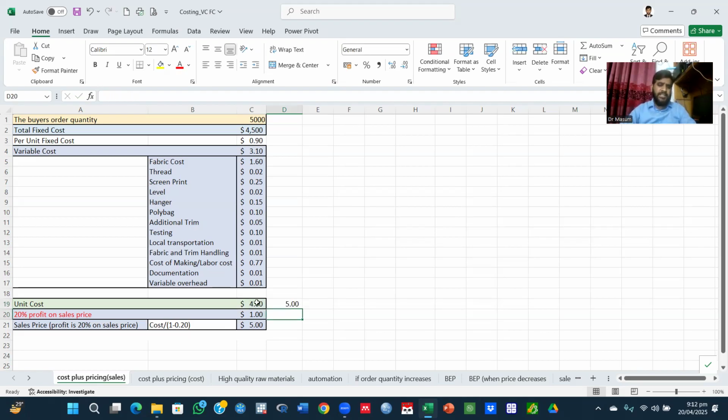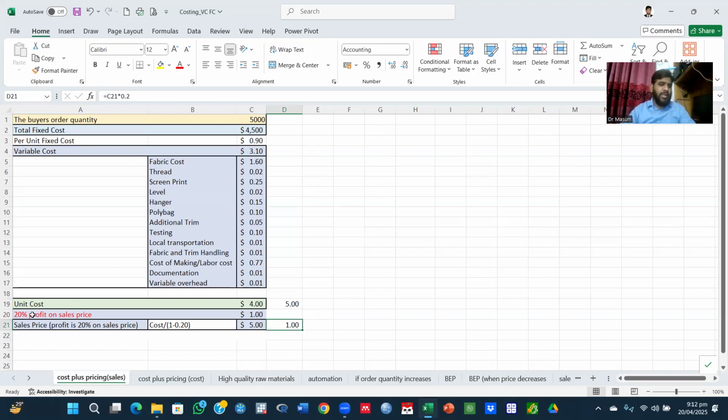And then you will get the sales price of your product. If you now calculate 20% on that sales price, you will get $1: 20% multiplied by $5 is $1.